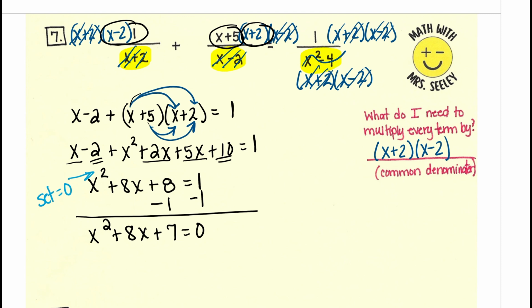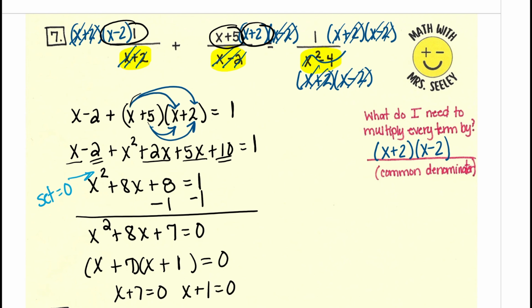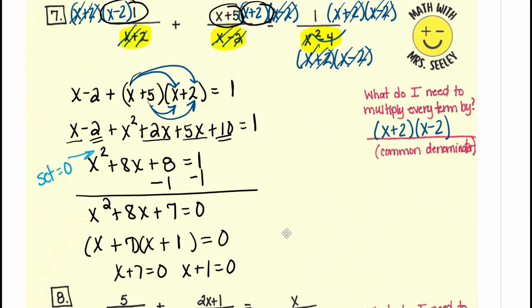That's another trinomial that can be pretty easily factored. So I'm going to multiply to get x squared, which is x and x. I'm going to multiply to get 7, but add to get 8, which would be 7 plus 1. Set each factor equal to 0. And that means that I have x is equal to negative 7 and x is equal to negative 1.